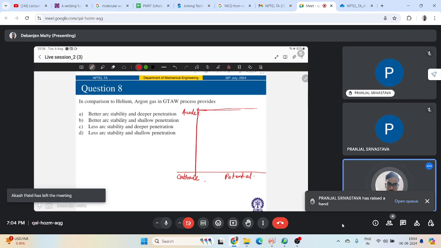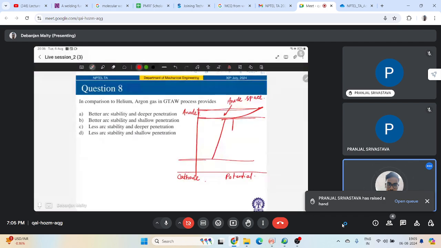You will have a region called anode space, a region called arc column, and finally the region called cathode space.